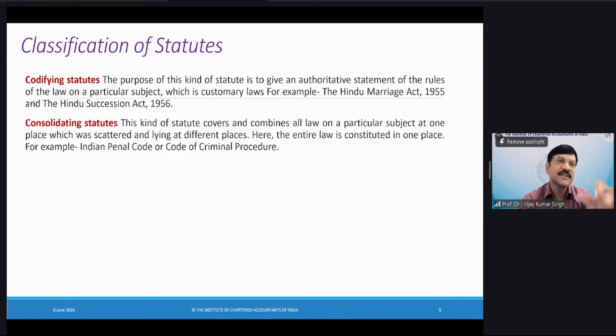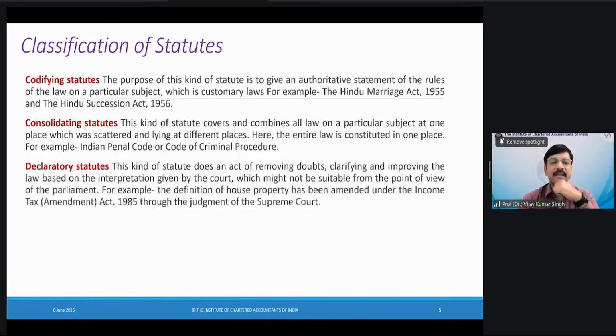You would have seen there were more than 39 labor laws; they are now consolidated into 4 codes. So what you are doing is basically codifying them and consolidating them. There is not much difference between codifying and consolidating statutes. Just for your understanding, consolidating statutes consolidate various laws into one common law.